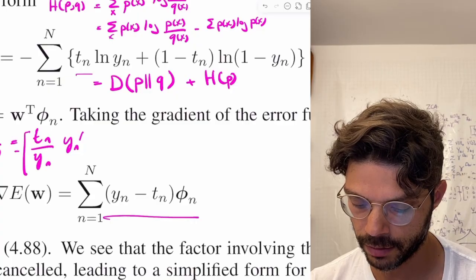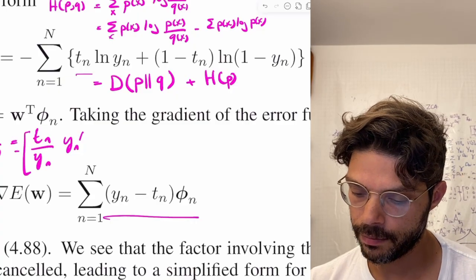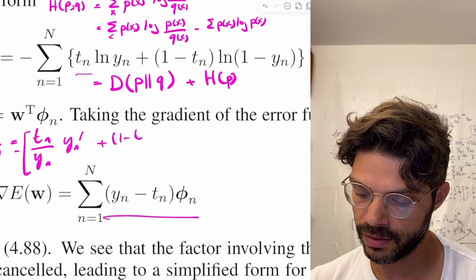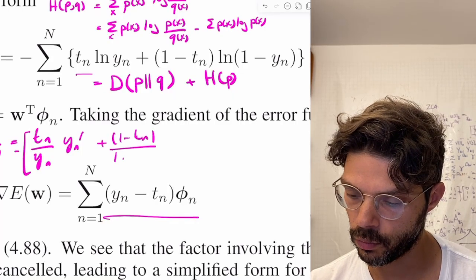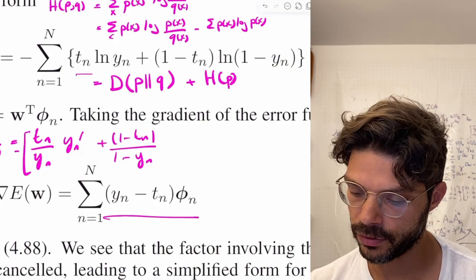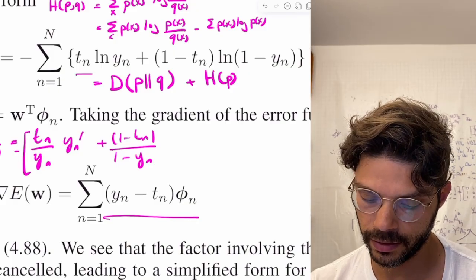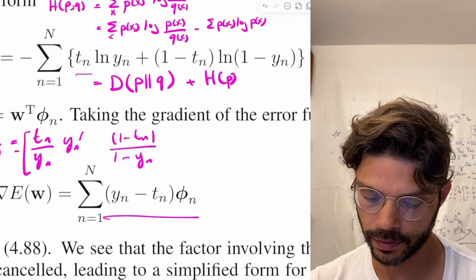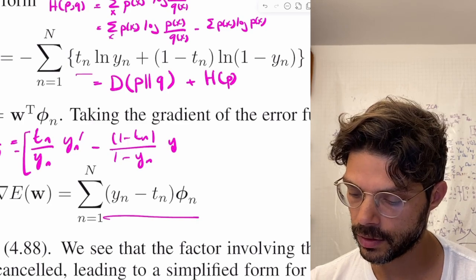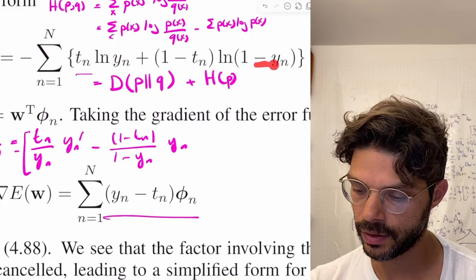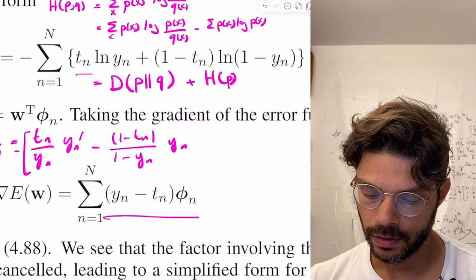There's probably a minus sign hanging out there. Plus 1 minus tn over 1 minus yn, with a minus sign, times the yn dash, just because of this.